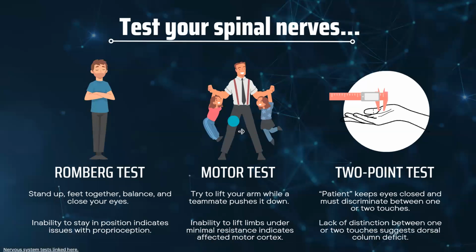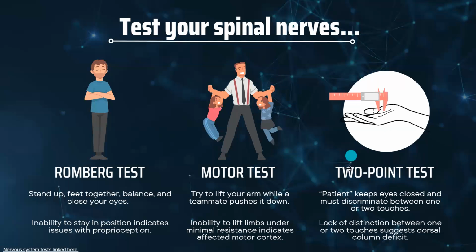Motor tests is just going to test strength. So each level of our spinal nerve corresponds with specific muscles. So if we test certain muscles, certain ones are strong, certain ones are weak, it's going to give us a hint at which nerve level may be causing that weakness.